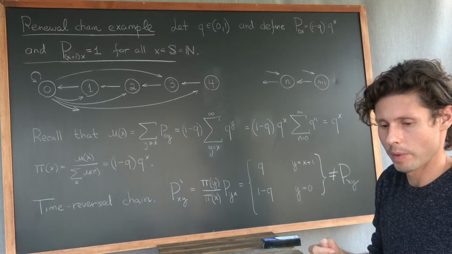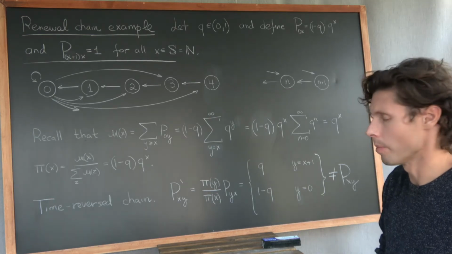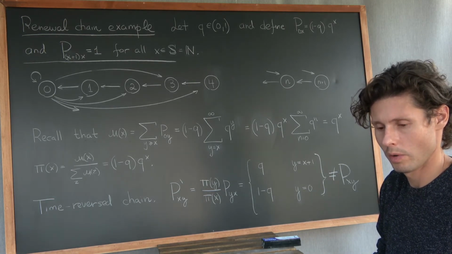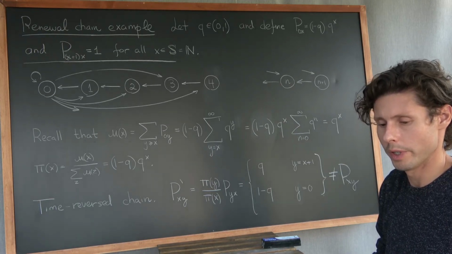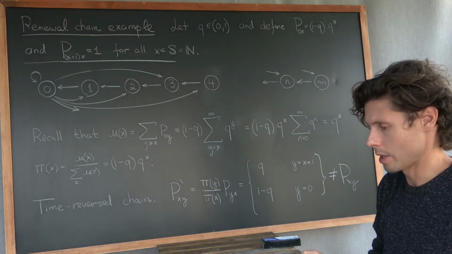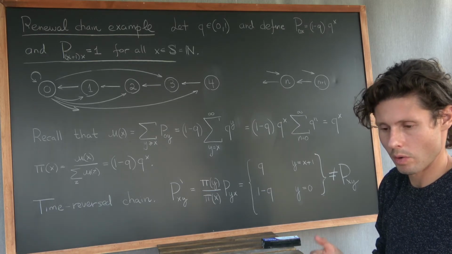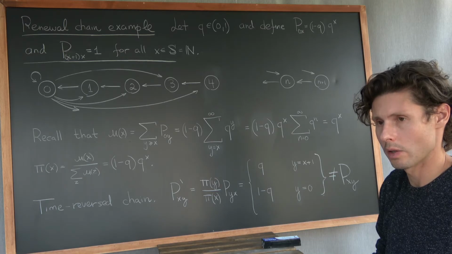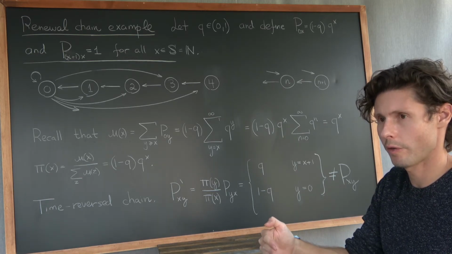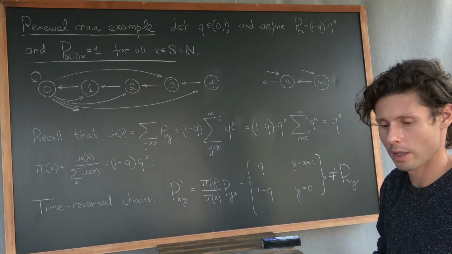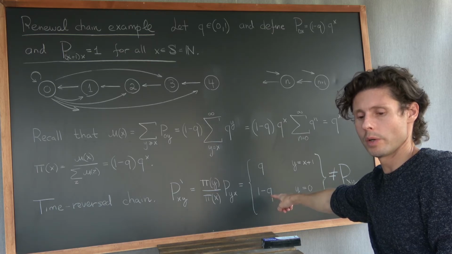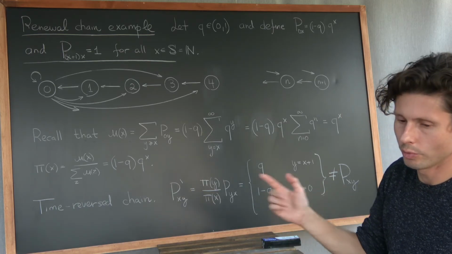Think about flipping a biased coin that lands on heads with probability q and tails with probability 1 minus q. You keep flipping this coin, and as long as you get heads, you move one step ahead for every heads. As soon as you get a tails, you move all the way back down to 0. With probability 1 minus q, you flip a tails and you move all the way back.